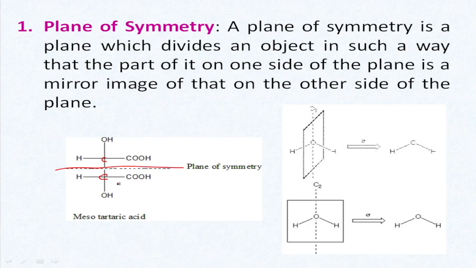It has a plane of symmetry and this is optically inactive. The same with a water molecule: if we divide it in half along a plane, water is also optically inactive.